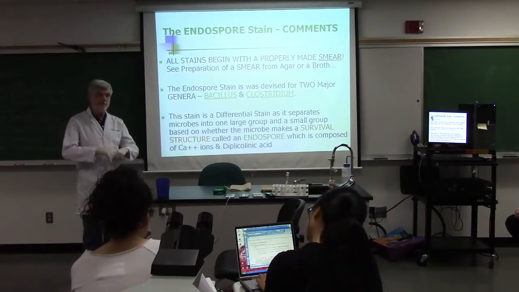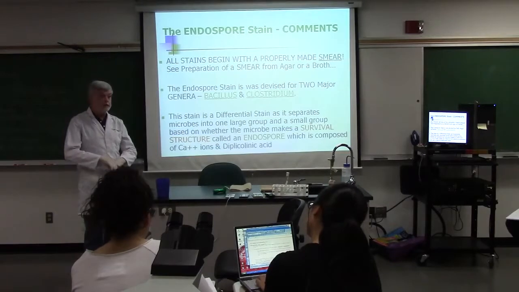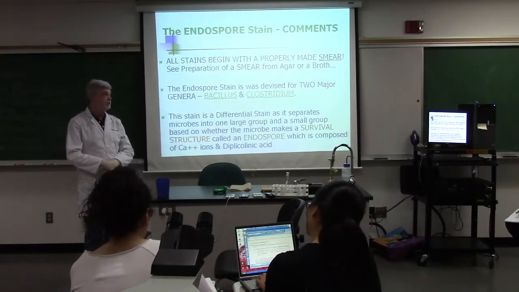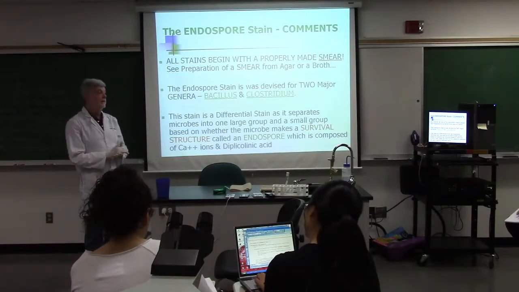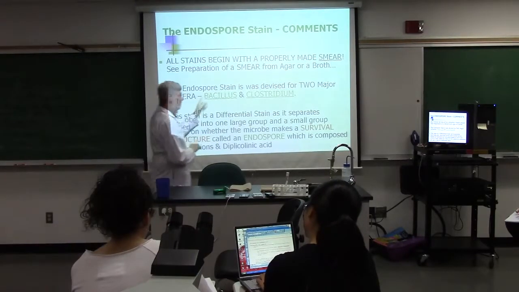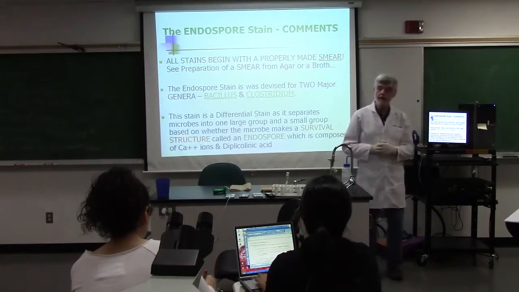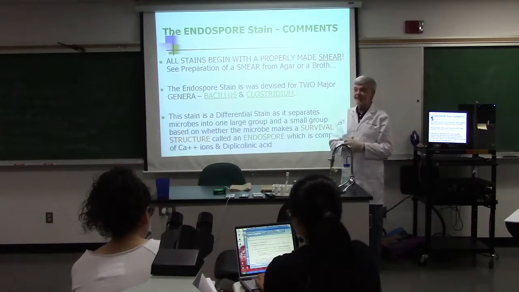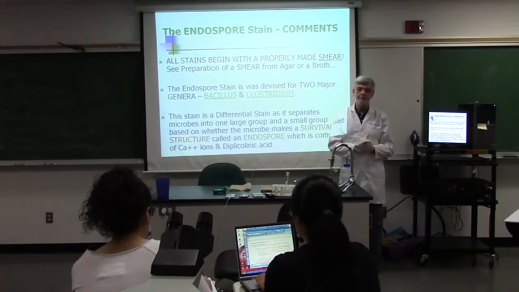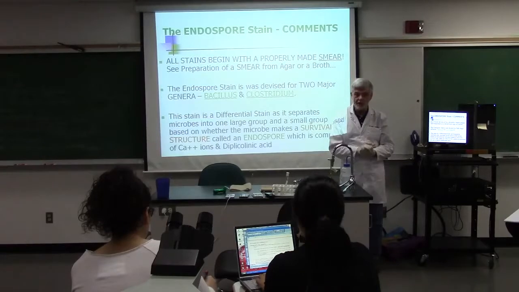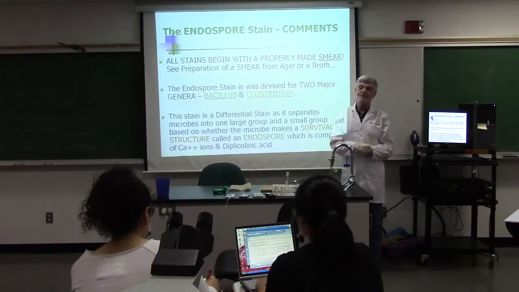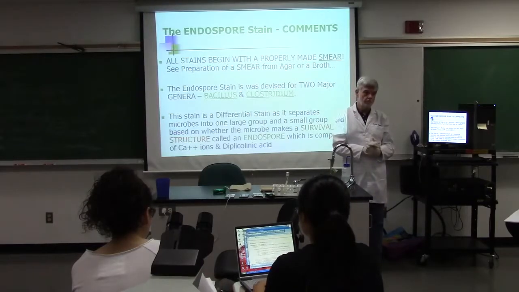The only things are some really harsh chemicals like glutaraldehyde, which will destroy any living thing, that will penetrate and kill, get rid of or destroy endospores, and pressure plus steam. In other words, 131 degrees centigrade plus 31 pounds per square inch of pressure for 15 minutes will destroy every known endospore.